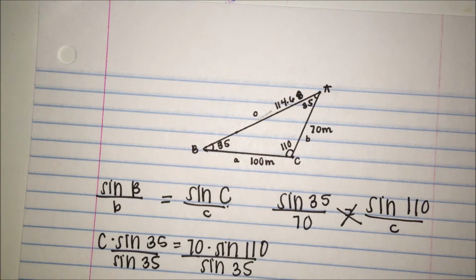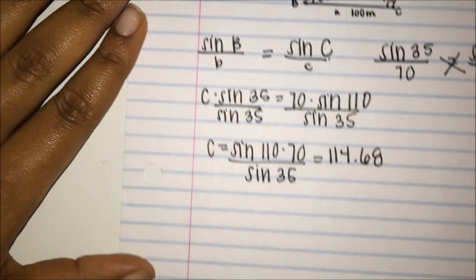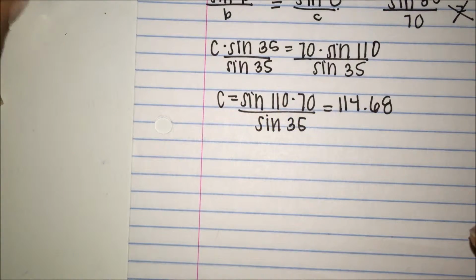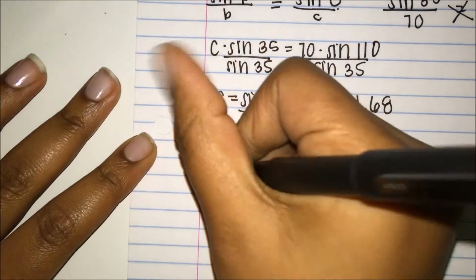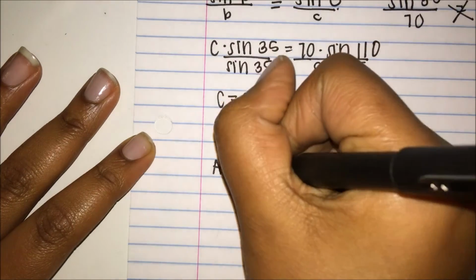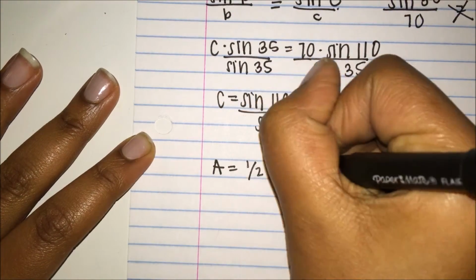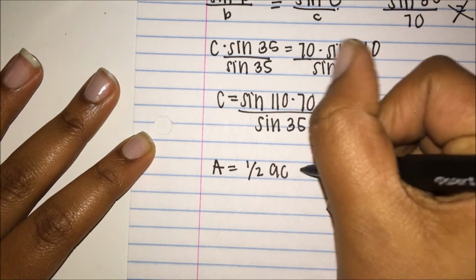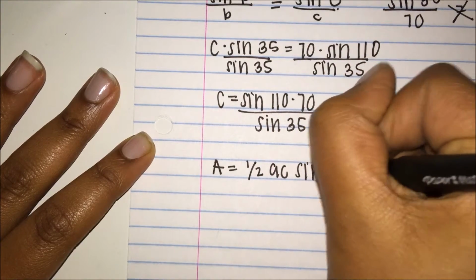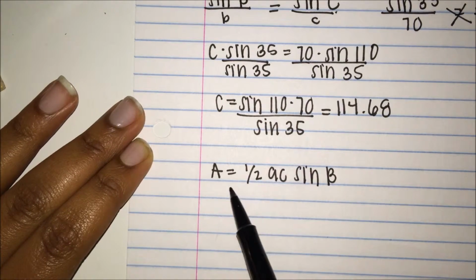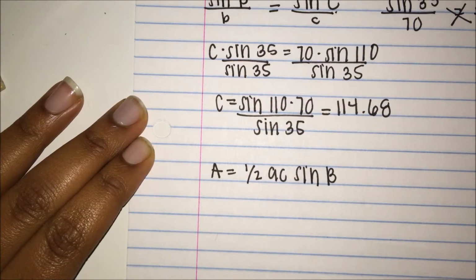And we can use the area of an oblique triangle, that's also in our notes, which states that area equals one half a c sine B. And we'll just plug that in and we'll get the area.